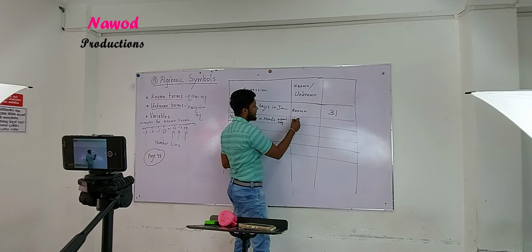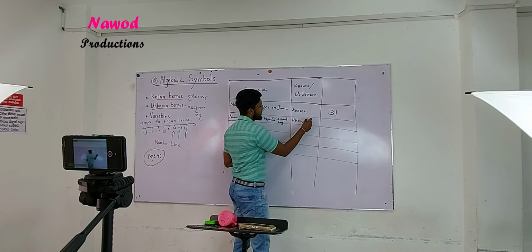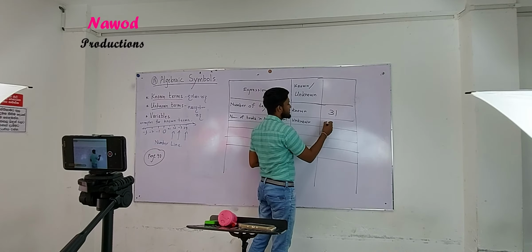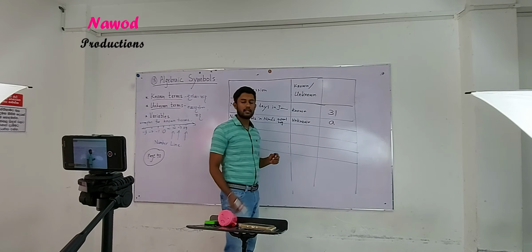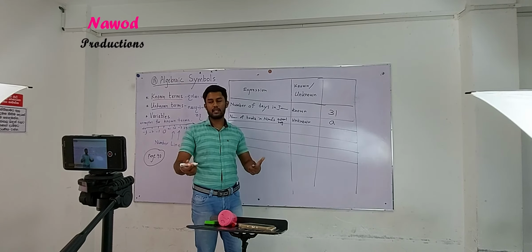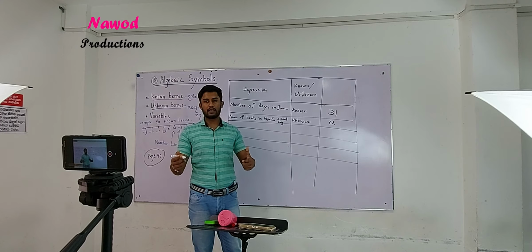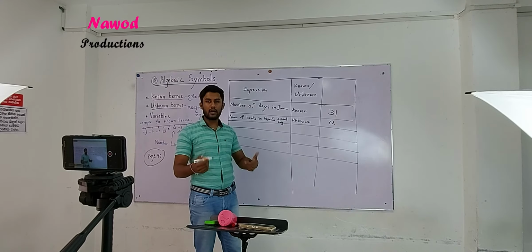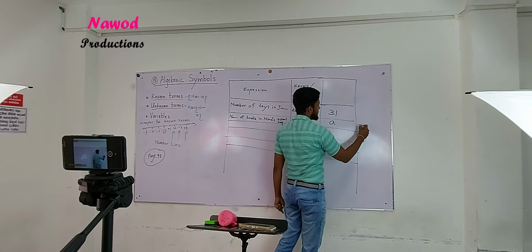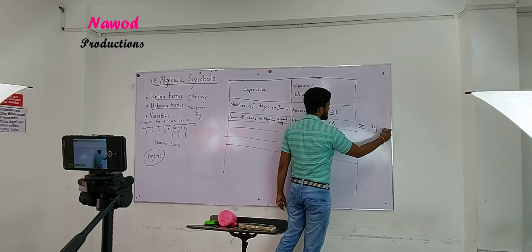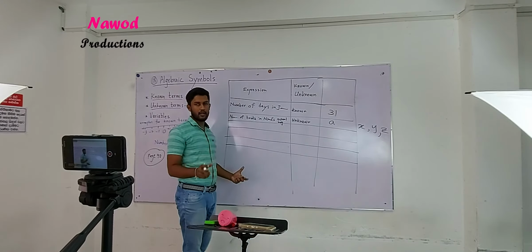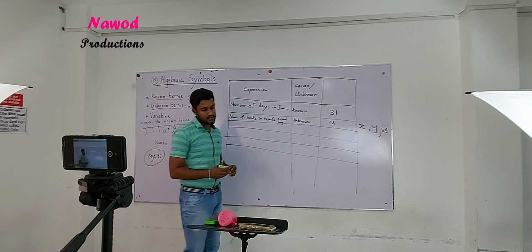If it is unknown, then we can say that it is A, right? We can say B, C, D, what else? E, F, X, Y, Z, anything you can use, right? X, Y, Z, unknown terms. You denote unknown terms, right? What is the next one?